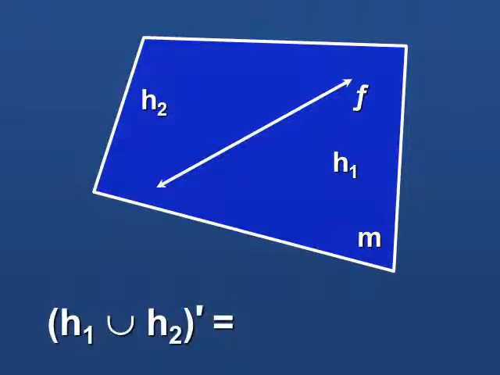Now let's talk about half plane 1 union half plane 2, and then what's the complement of that. So what is everything except half plane 1 and half plane 2? Because if we union those together, we are going to be left with one thing, and that would be the line F. Okay, it's the only thing not included on plane M.